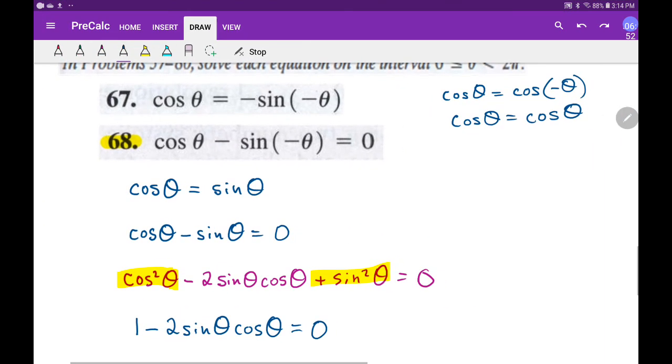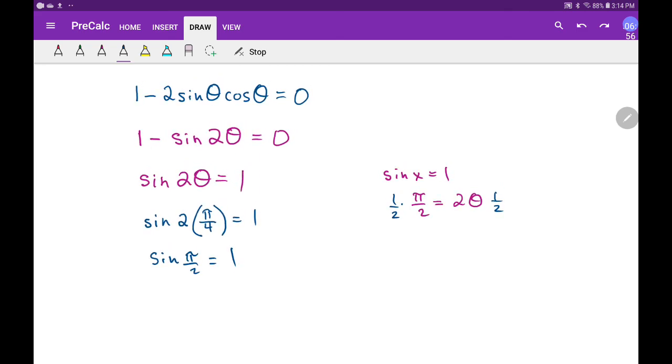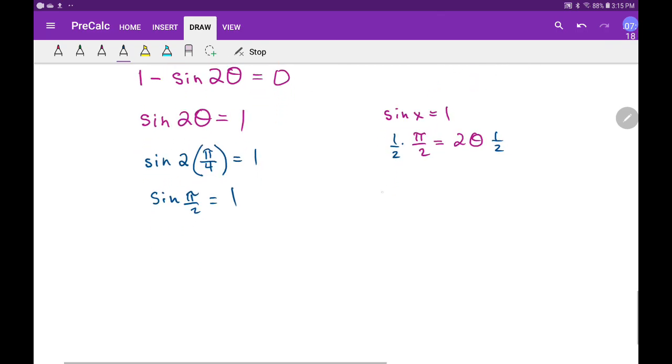We're going twice as fast, the short answer. So what's the period? The period is 2 pi over b. Is that right? And b is 2, so therefore my period is pi. So it's going to happen twice as much as we might have thought. And so our answers are x is equal to pi over 4 and 5 pi over 4.